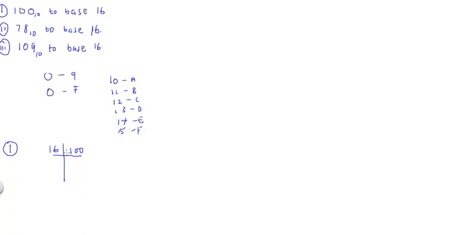So 100 divided by 16 is what? 100 divided by 16 is 6 remainder 4, and then 6 into 16, that doesn't happen, so this is 0 remainder 6.